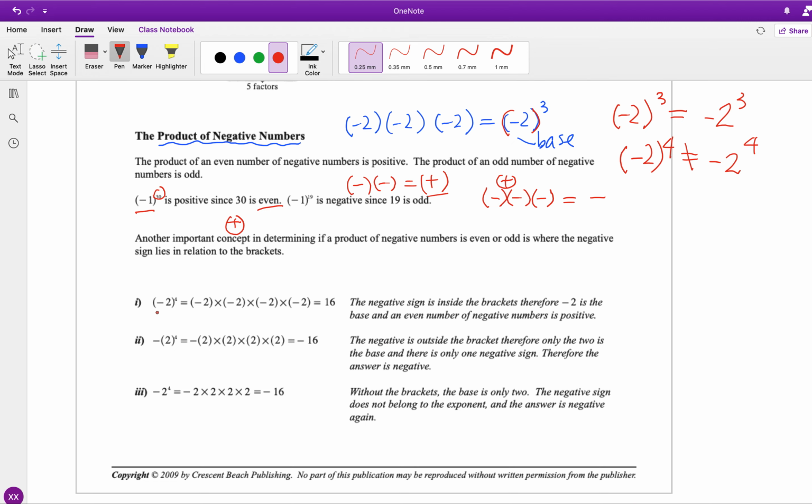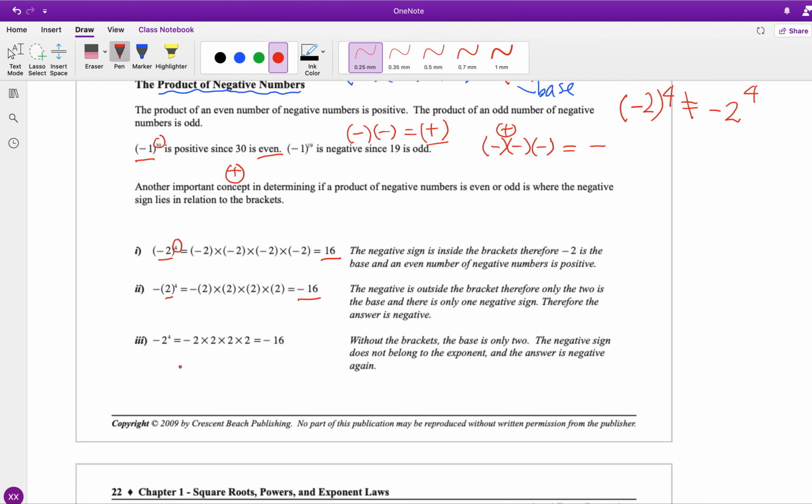If the base is negative 2, you have to have this parenthesis, and then that equals positive 16 because this is a power of 4, which is an even number. Now, your base is only a positive 2, but in front of it, it's got a negative sign. Then that comes, in the end, to negative 16.